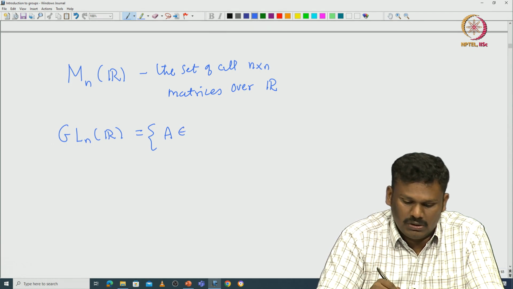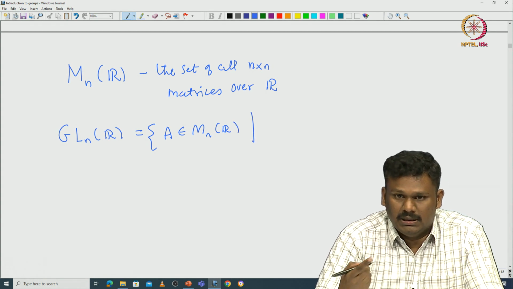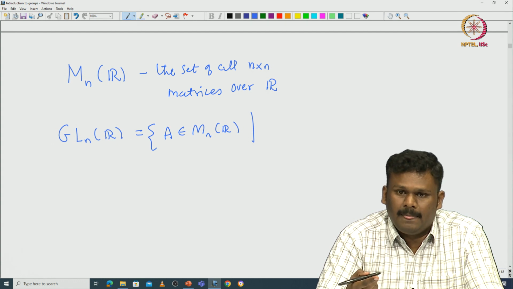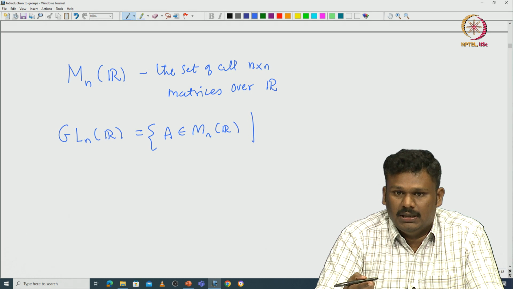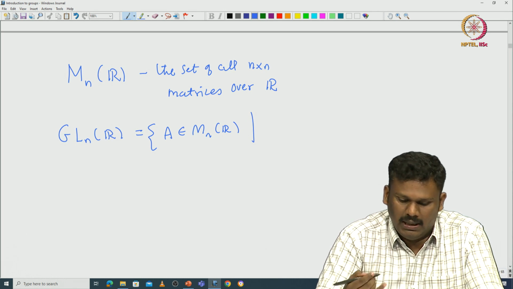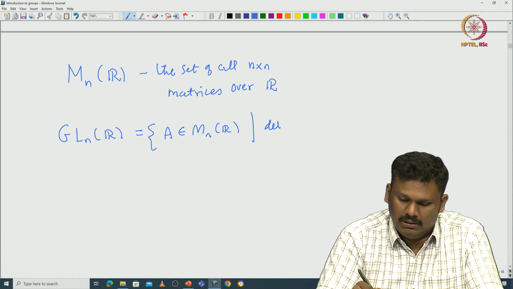You take those capital A from M_n of R such that, there are many equivalent conditions for invertibility. One of the conditions is, for example, the determinant of A being non-zero. So you take those matrices over R such that the determinant of A is non-zero.